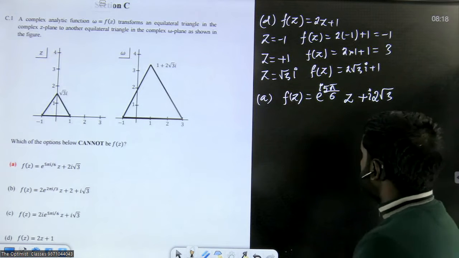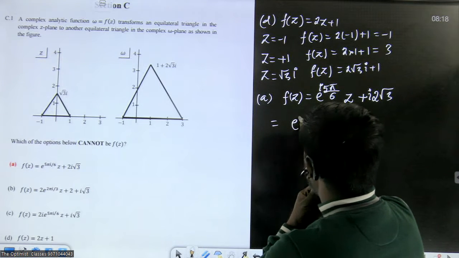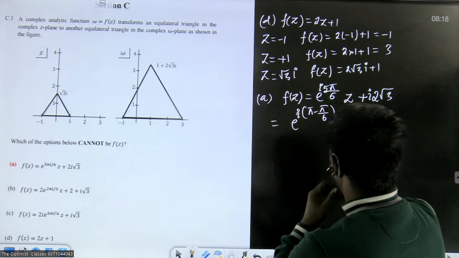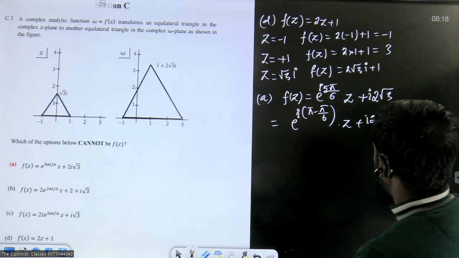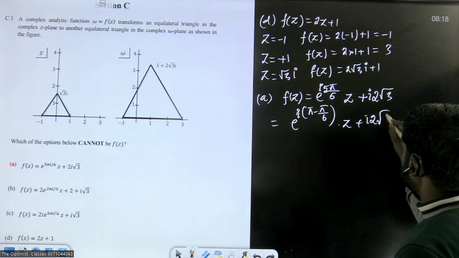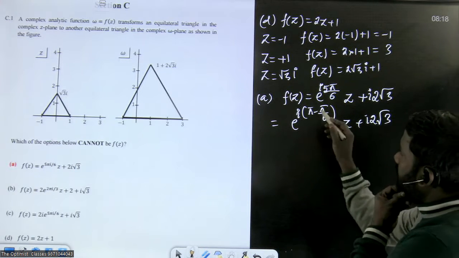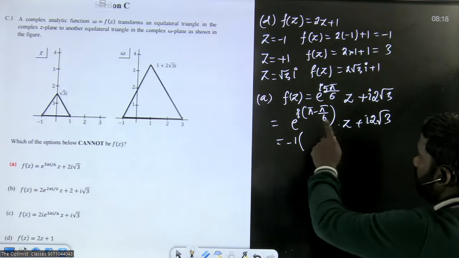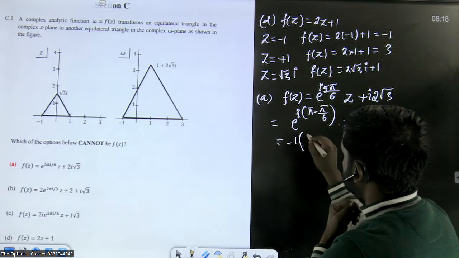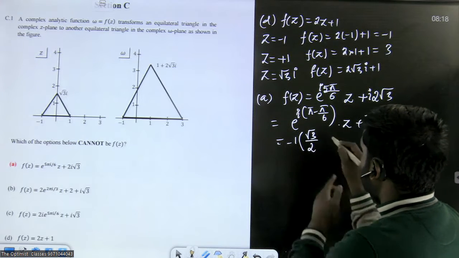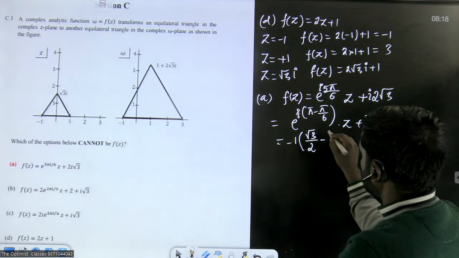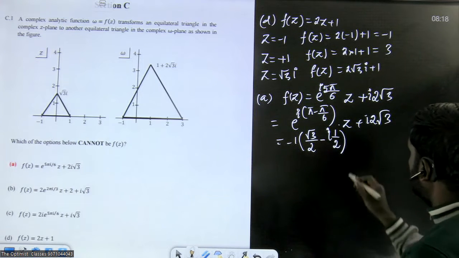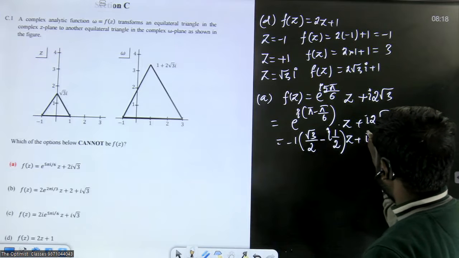Now you see we can write this function as e to the power i(π − π/6) times (z plus 2√3 i). So e to the power iπ gives us -1, and e to the power -iπ/6 gives us cos π/6, which is √3/2, minus i sin π/6, so that is i times 1/2. This is what we have, and here we have z plus 2√3 i.